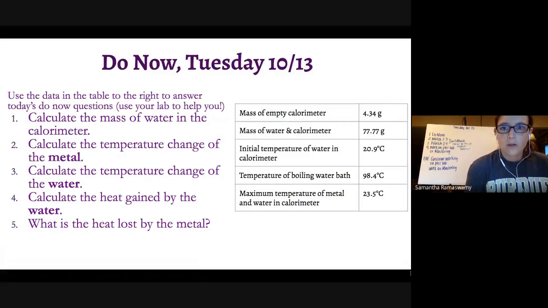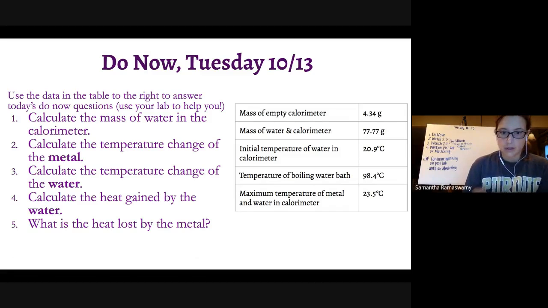Okay, so we'll go ahead and talk through the do now. I have the answers on the next slide so you can actually see the work for these do now questions. For number one, you're calculating the mass of water in the calorimeter. This data is just like the specific heat lab yesterday, just using different numbers.